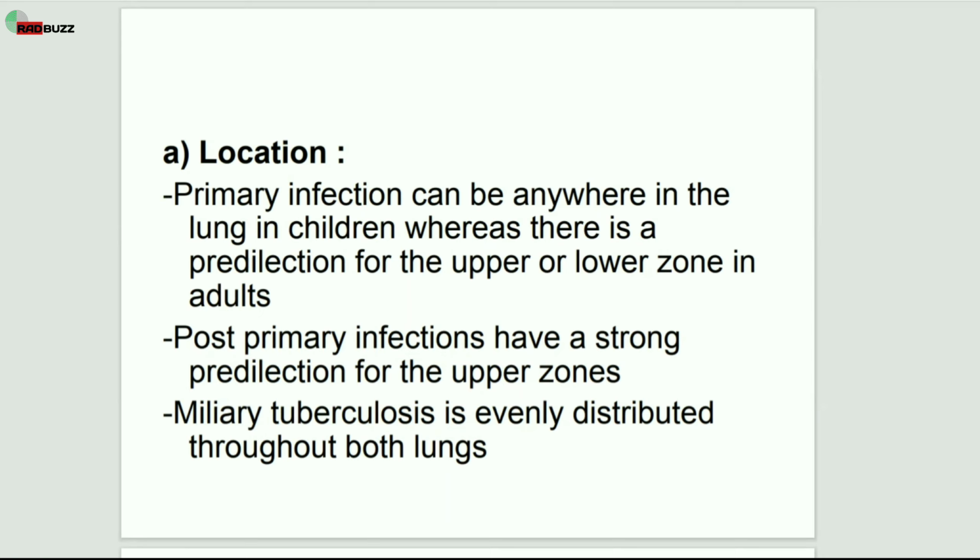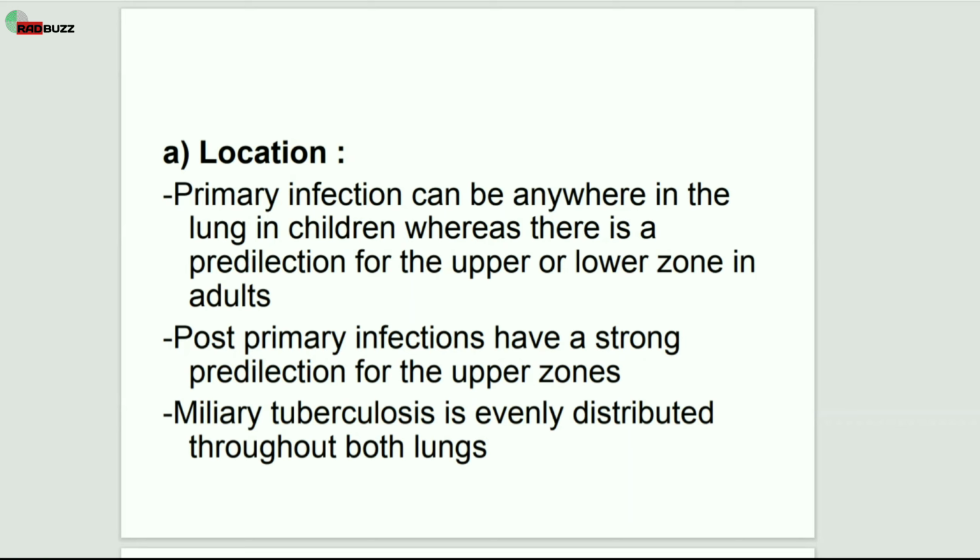What is post-primary infection? Primary tuberculosis is in a treatment-naive patient, without any treatment, with first exposure to tuberculosis. Post-primary infection is when the patient has been treated for tuberculosis previously, and there's reactivation; the disease has relapsed and come again.